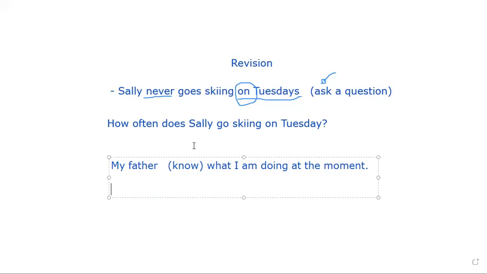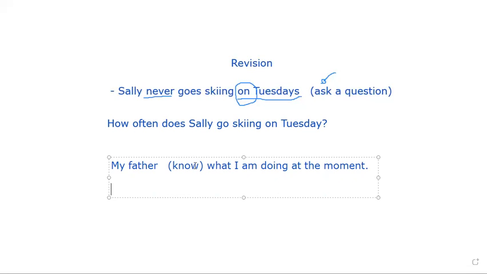So here we have the state verb know. So when I find the keyword for the present continuous, I take a look at the verb itself. Is it stative, that doesn't require an action from me to happen? Or is it an action verb that requires movement, like running, clapping, nodding, eating, and so on?